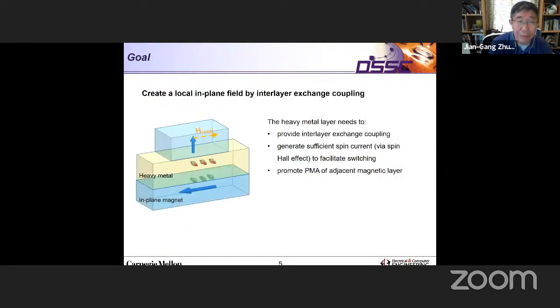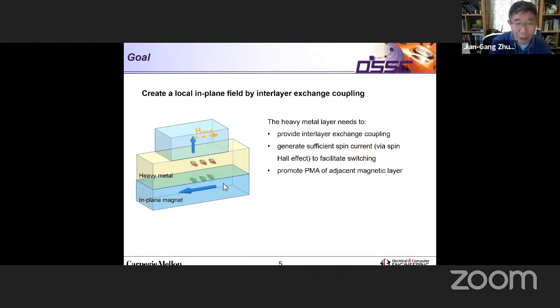Here we're trying to avoid the hassle of applying an external in-plane field, and rather build it in. What we want is a heavy metal layer that not only generates a spin Hall effect, but can also facilitate in-plane coupling.